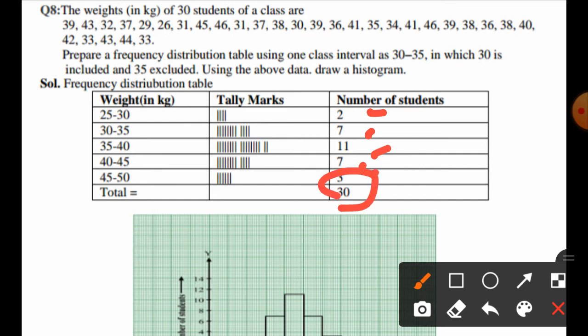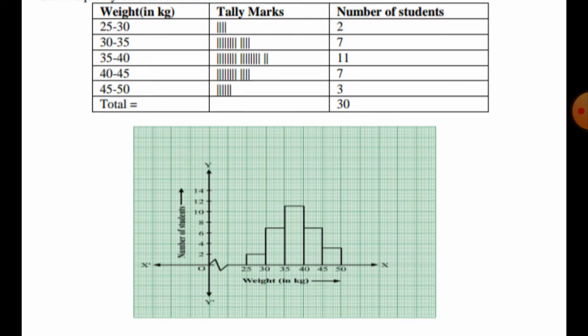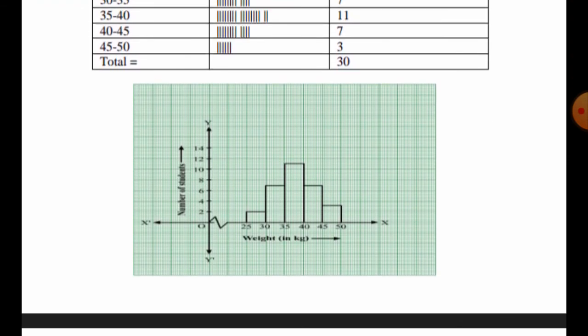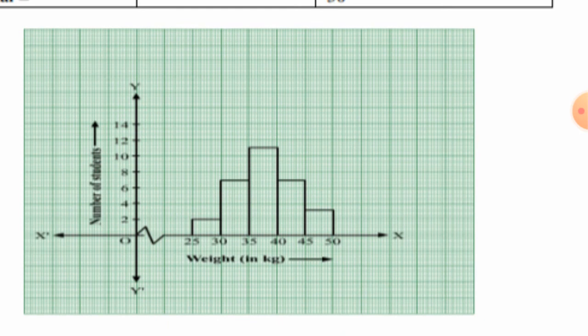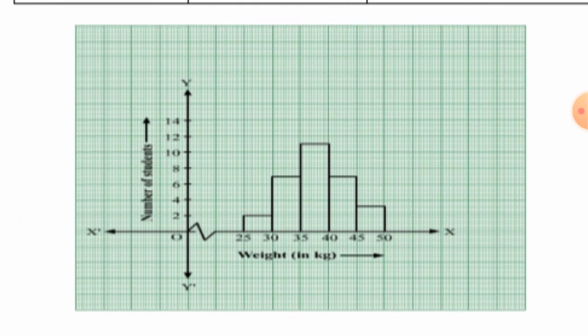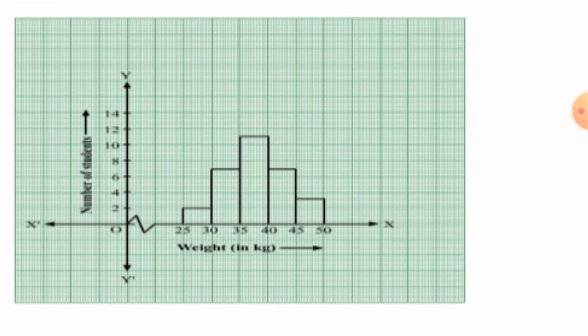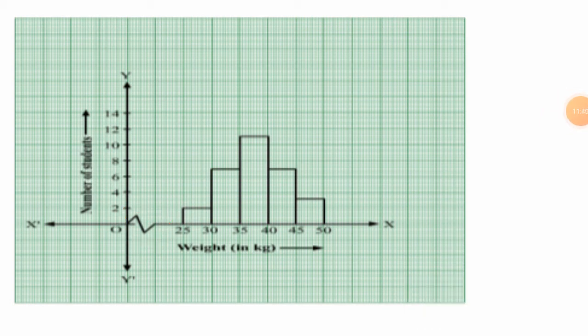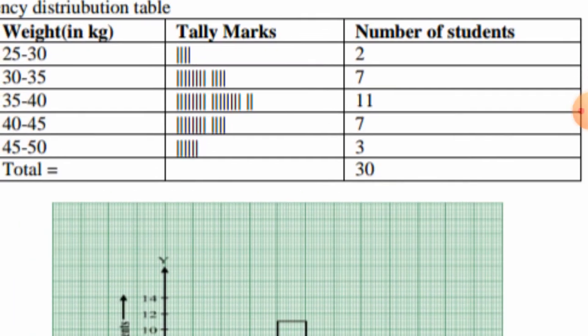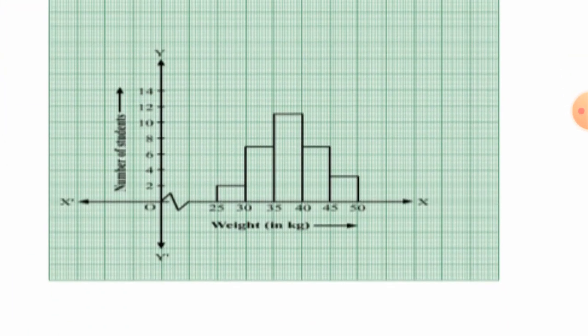Now after making this frequency distribution table, we have to make this histogram also. For the histogram, we will take weight on the x-axis and number of students on the y-axis, and here we will make a kink to represent the distance between 0 and 25. So we can make the frequency distribution table here and the histogram here.